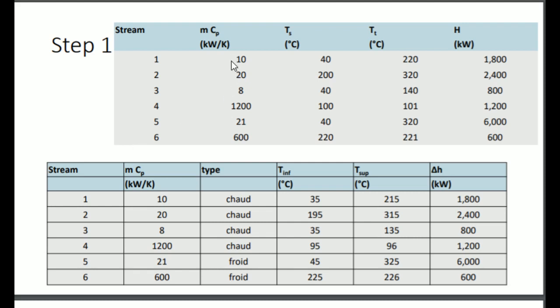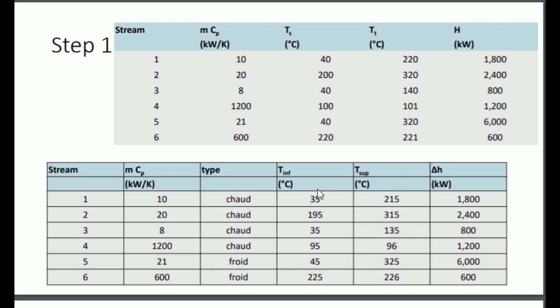So once we have this, we will try to compare. For example, let's say we have one of our streams and we shift it by delta T min over 2. In this case, we have taken delta T min equal to 10, so delta T min over 2 is 5. So the hot stream, so chaud, is the same temperature minus 5, and same for the outlet, minus 5.